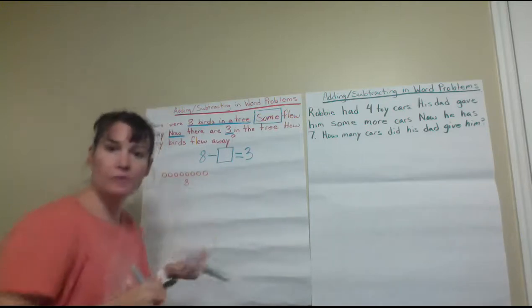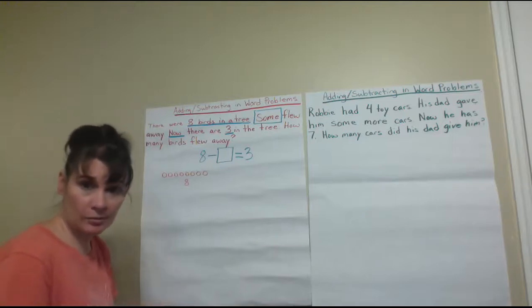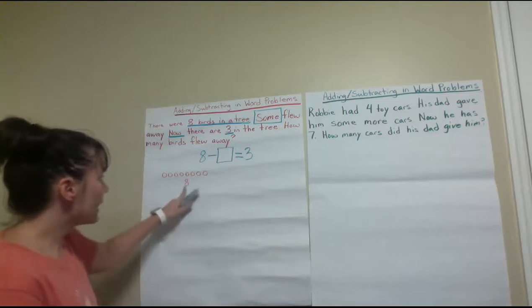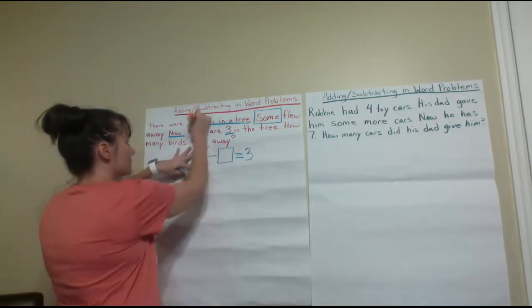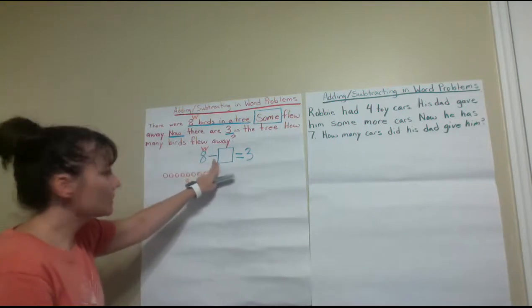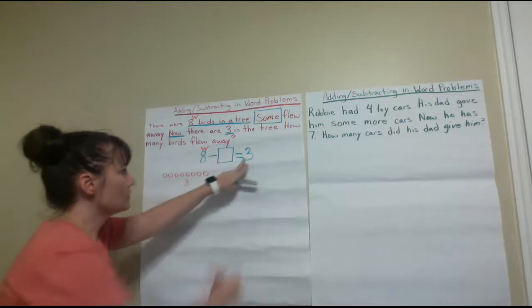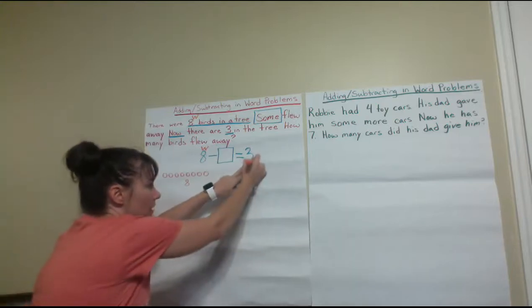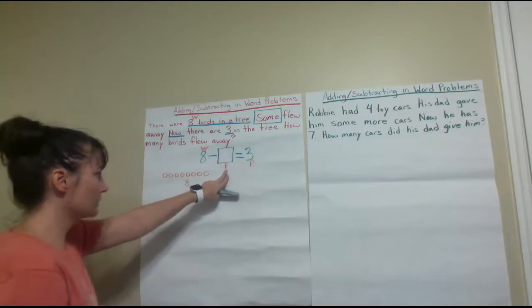If I know that there were 8 birds, and I know there's not going to be more than 8 birds, I know that that 8 must be my whole, because I always start with my whole number when I subtract. That must mean that the 3 is one of my parts, and the unknown is the other part.